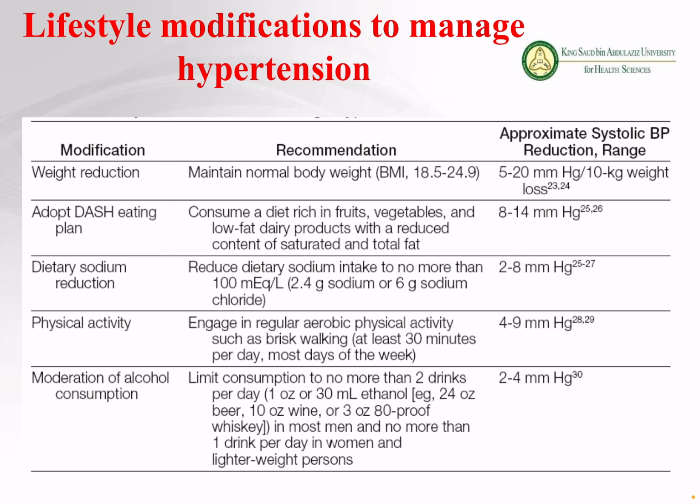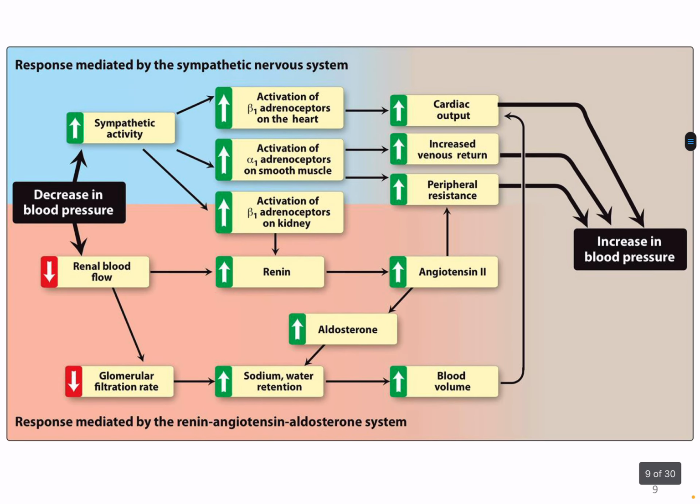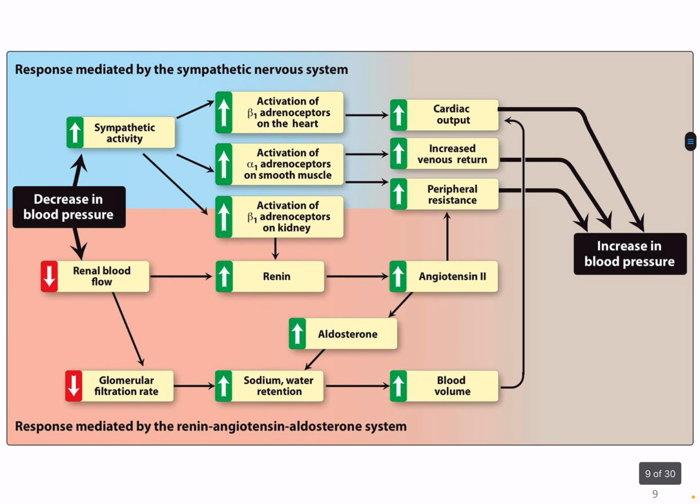Then a very important slide: we discussed the mechanisms of blood pressure and how the drugs act. There are many reasons. If there is any increase in the sympathetic activity, it will activate the beta receptors on the heart as well as on the kidney.